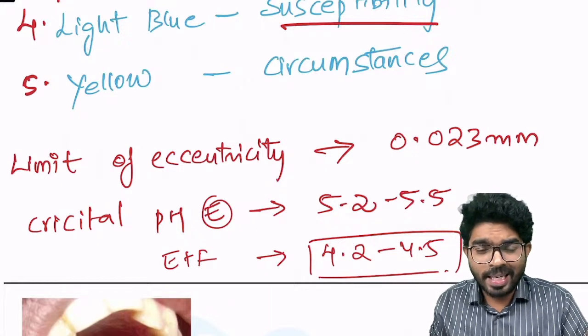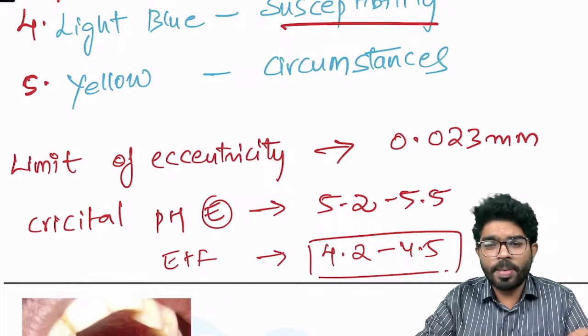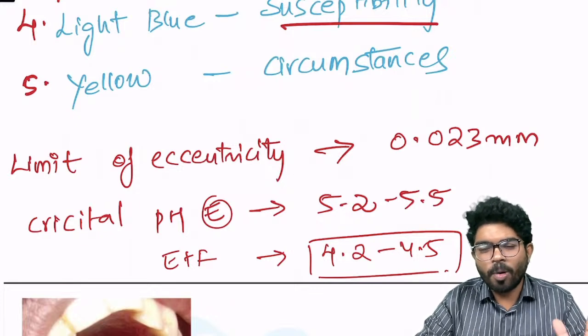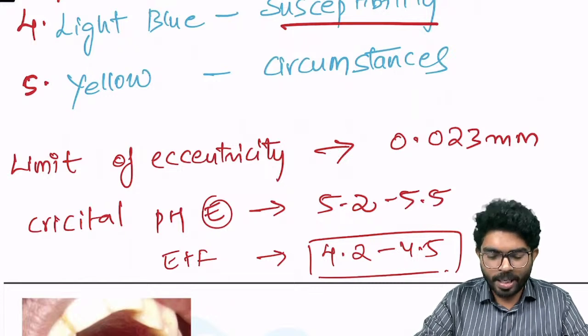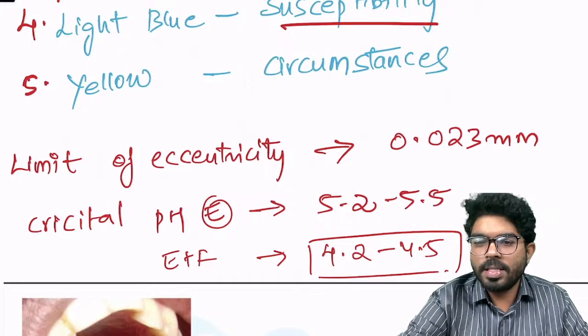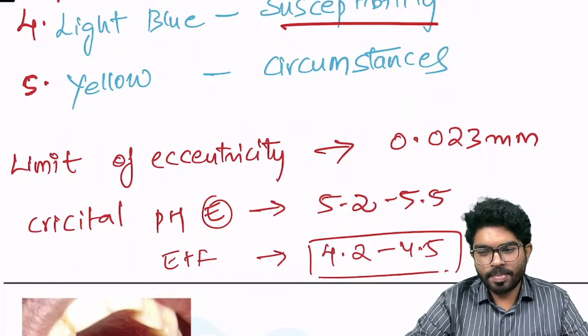Now tell me, what is critical probing depth? There is a question, right? Which is a repeat again. So critical pH is 5.2 to 5.5. What is the value of critical probing depth? It is a perio question.